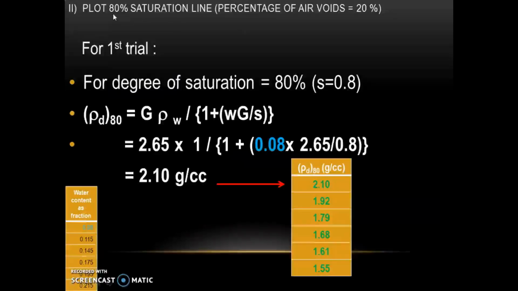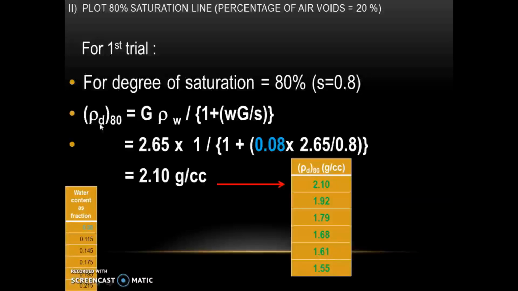Now we need to plot the 80% saturation line. That means the percentage of air voids is equal to 20 and 80% is water. So for the first trial, degree of saturation is equal to 80%. That means S is equal to 80 by 100, which is equal to 0.8.